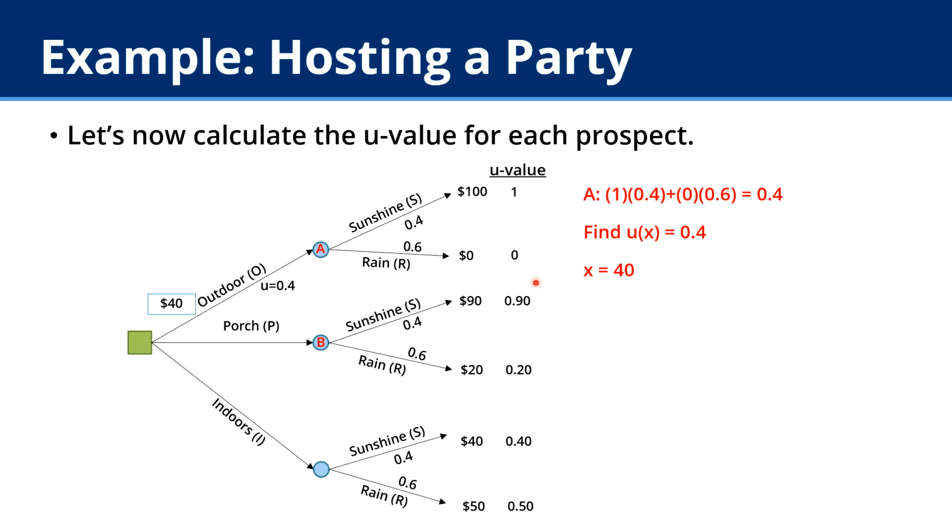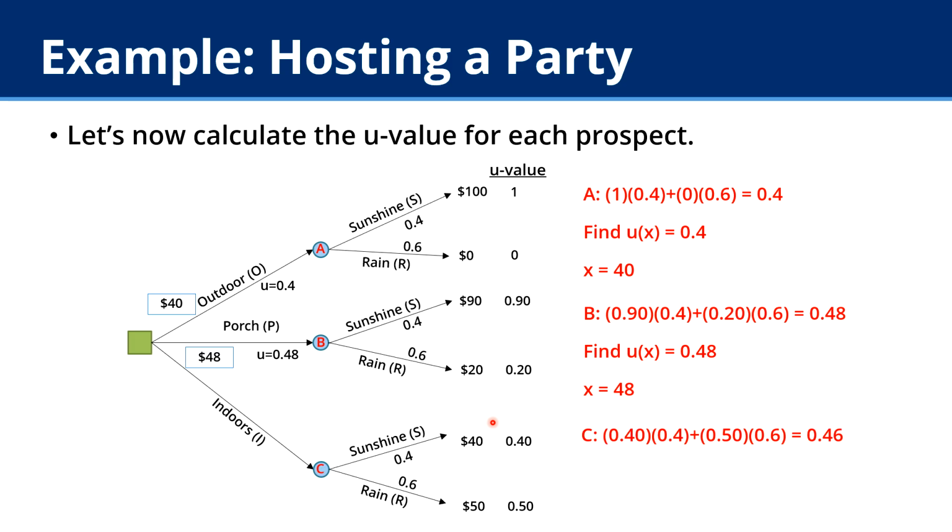If you look at node B, we're going to find the expected utility value, which is 0.9 times 0.4 plus 0.2 times 0.6, which is 0.48. Again, we need to find the corresponding value on the x-axis for this U value of 0.48, which is simply going to be 48. So now we know this is equivalent to $48.